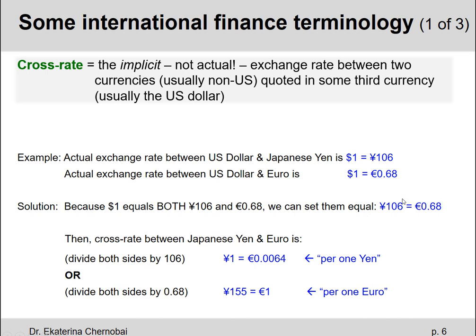When we divide 106 by 0.68 on the left side, we get 155 yen. And 0.68 of a euro divided by 0.68 gives us mathematically 1. So this is the second expression of the cross rate between the Japanese yen and the euro. 155 yen equals 1 euro. So it's the amount of yen per 1 euro.